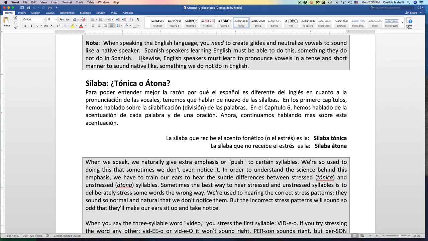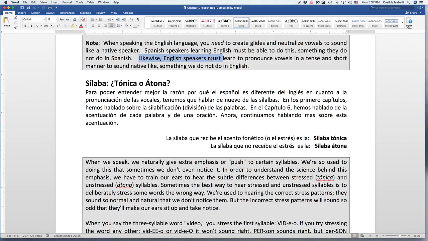So it's like neutralizing our vowel and putting our tongue in a very neutral position, which remember is the schwa sound. Doctor, institution, intelligent, implicit. Our tongue in English is always in that neutral position.